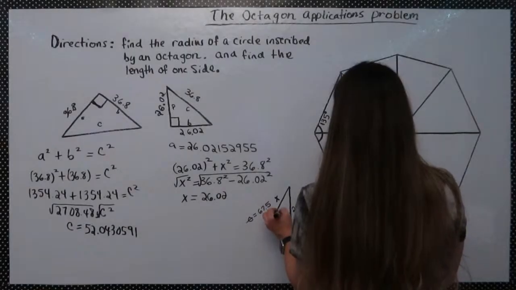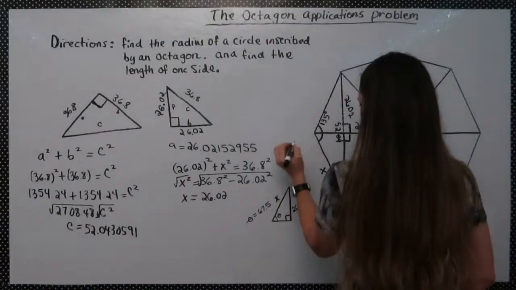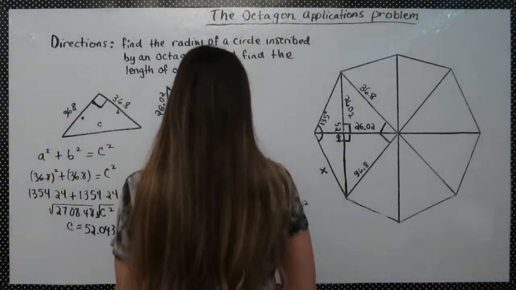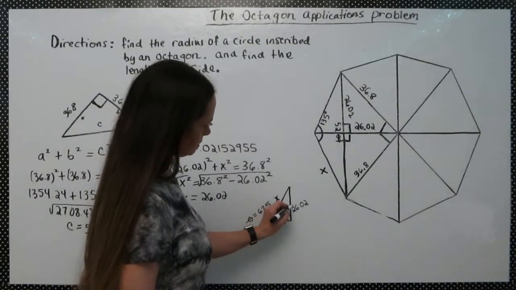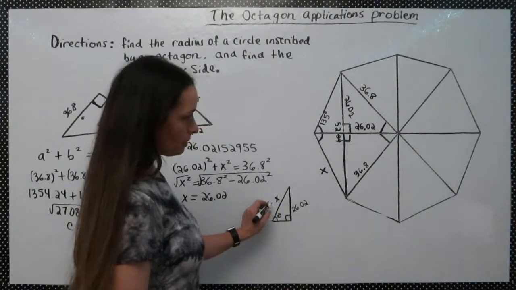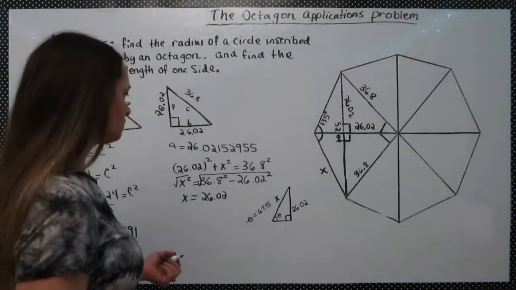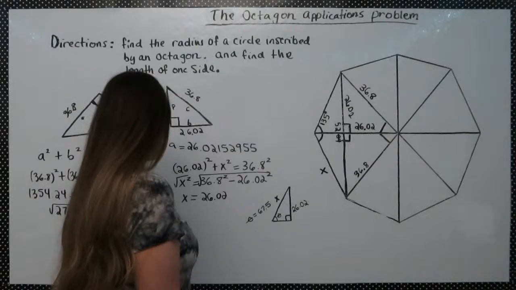Adjacent over opposite, we would find this side. Let's just see what happens. All right, so by definition, sine is opposite over hypotenuse, and I want to know the hypotenuse, so the best thing to do is use the trig function involved.